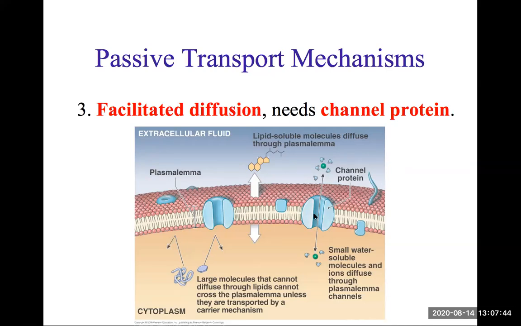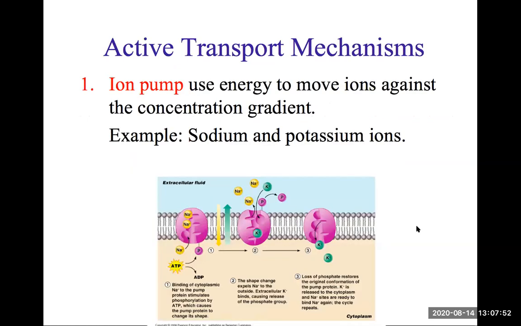If they need more to move through facilitated diffusion, then the cell can construct more of these channel proteins. All right. Now, those 3 were passive, no energy required. And if you remember in the last lecture, I talked about cell energy, and hopefully you remember that is a molecule called ATP. All right, so now we're going to look at active transport mechanisms.